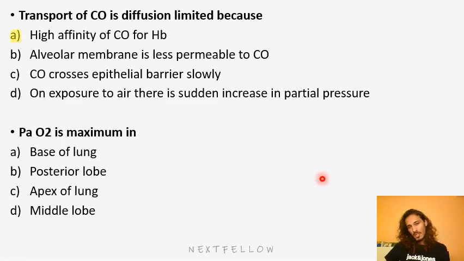Now another small concept. Partial pressure of oxygen is maximum in... we already talked about the ventilation perfusion ratio. At the apex, ventilation is better, perfusion is less.